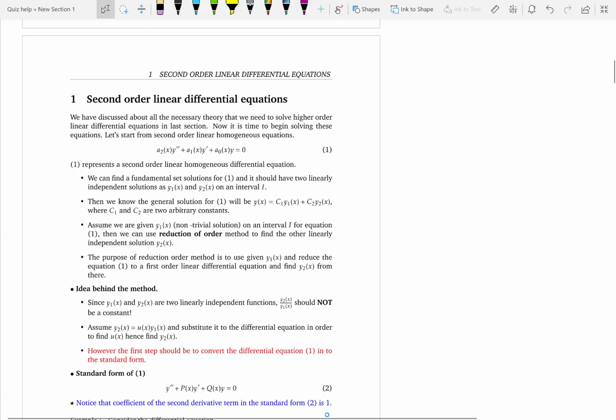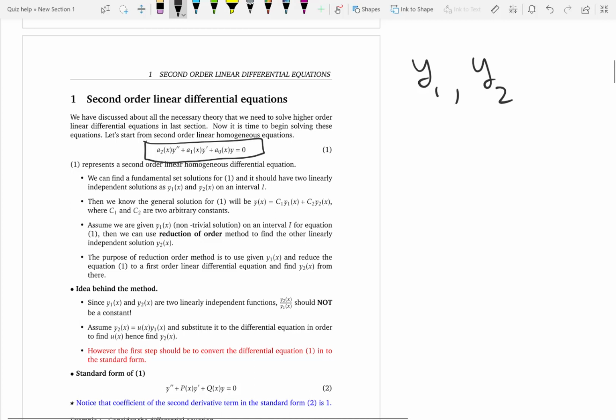All right. For now, let's just focus on second order linear homogeneous differential equations. Since this is second order, how many solutions should there be in the fundamental set? Two, right? So we need y1 and y2.